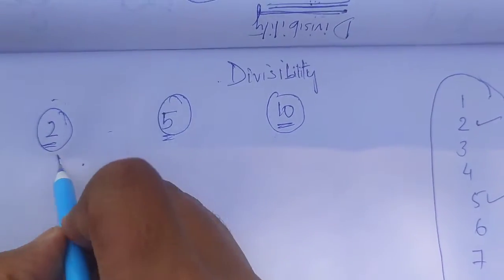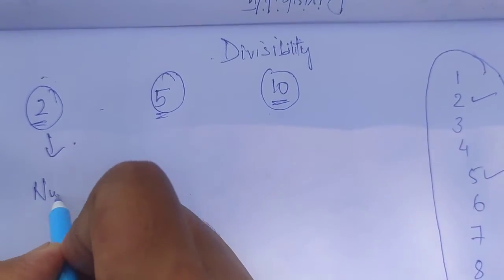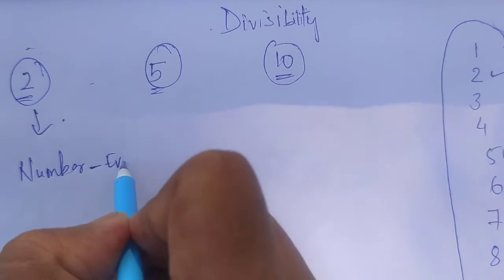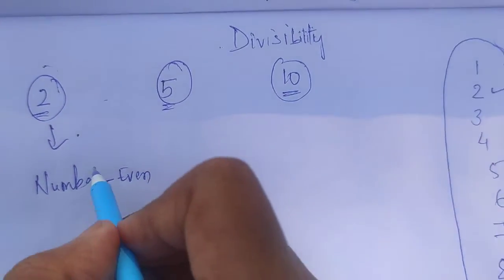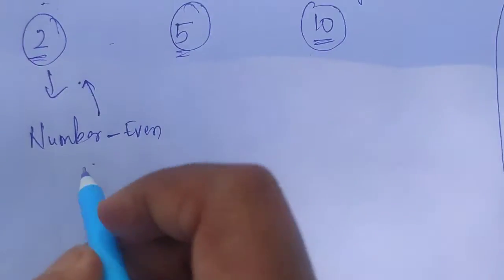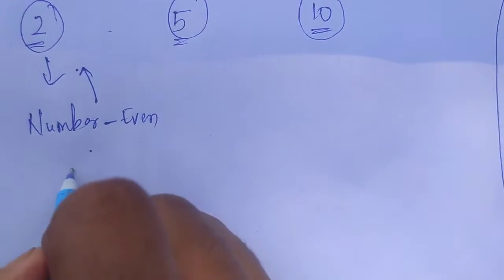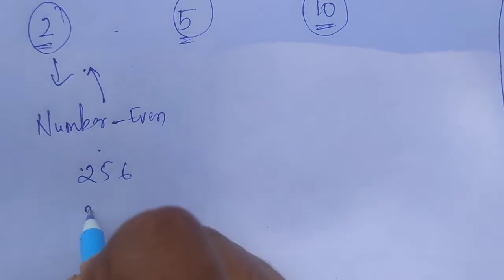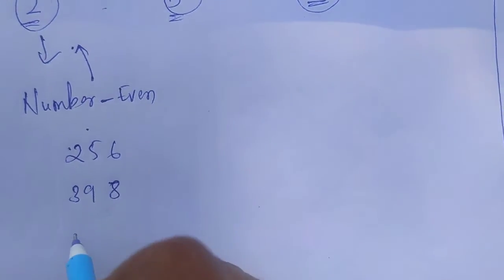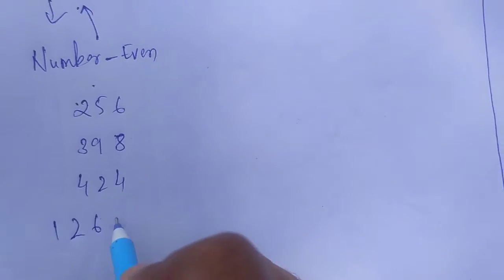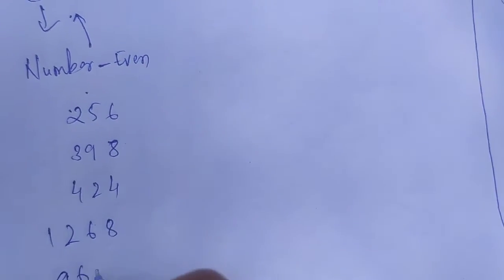So for 2, if the number is even, then it is divisible. Now what is an even number? Like I told you, an even number is a number which ends with, like 256, 398, 424, 1268, 962.